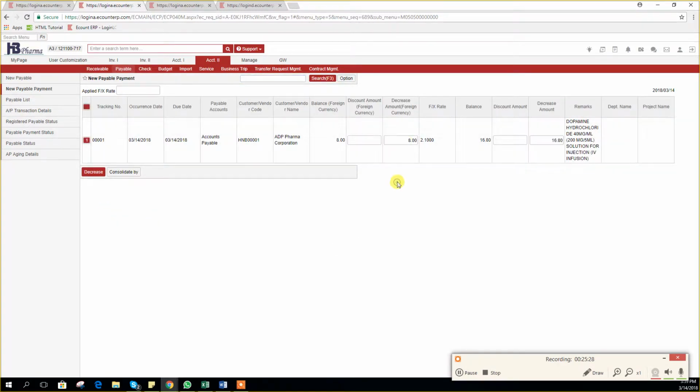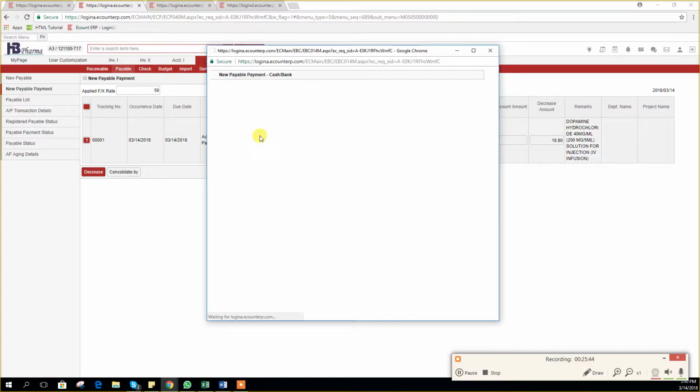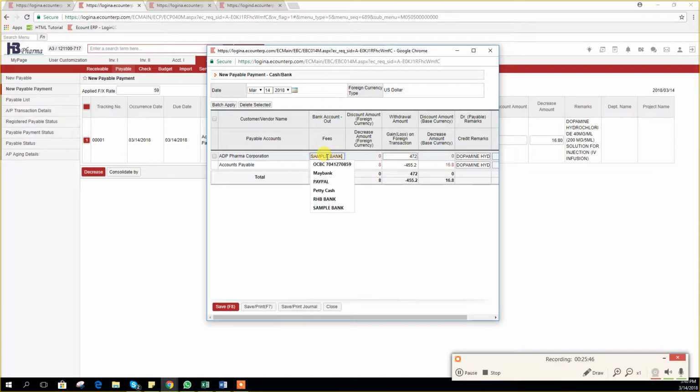And then you can decrease the amount based on the currency that you select over here. This is the payment currency. When you actually pay, what is the currency? Exchange rate. So, as usual, click the sample bank and with the bank charges, and then you save this.